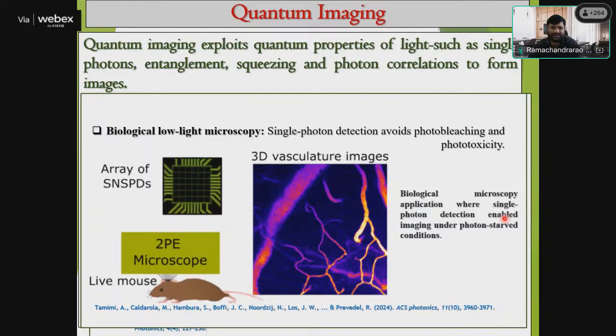And also, as I said, in the biological field, this is the most powerful application of quantum imaging. I just want to highlight this application. It's very useful for present humans, that many people are dying due to cancer, right?